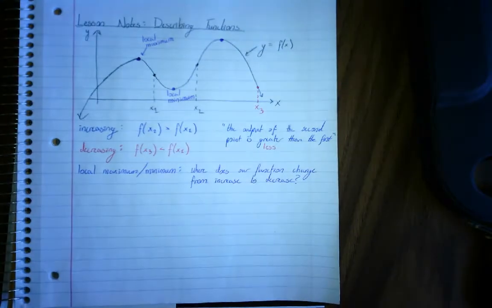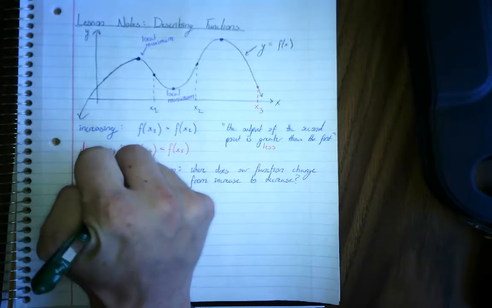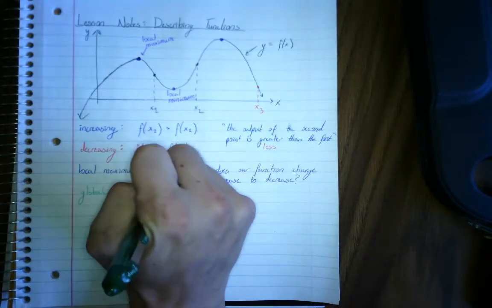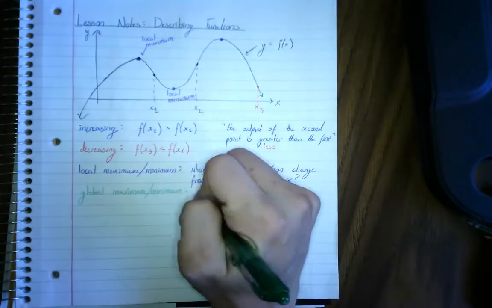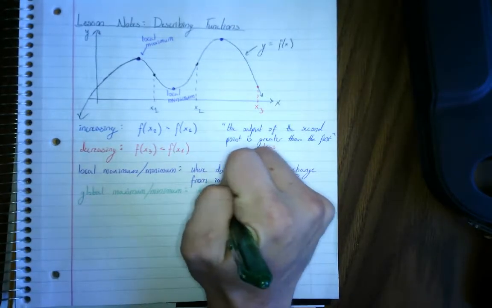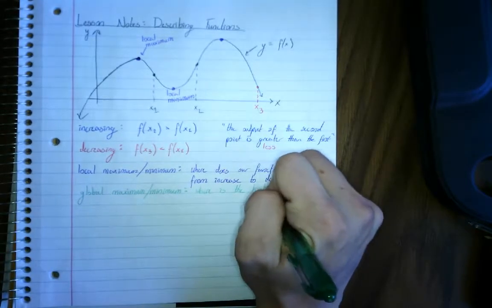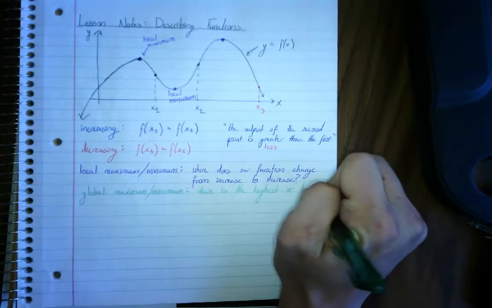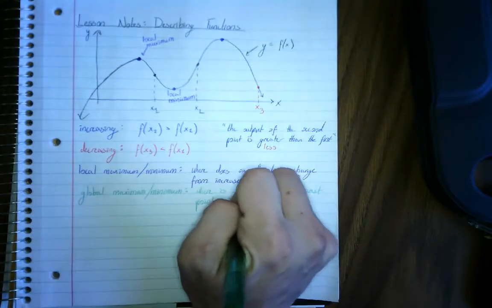So global maximum or minimum. So where is the highest or lowest point on our function?